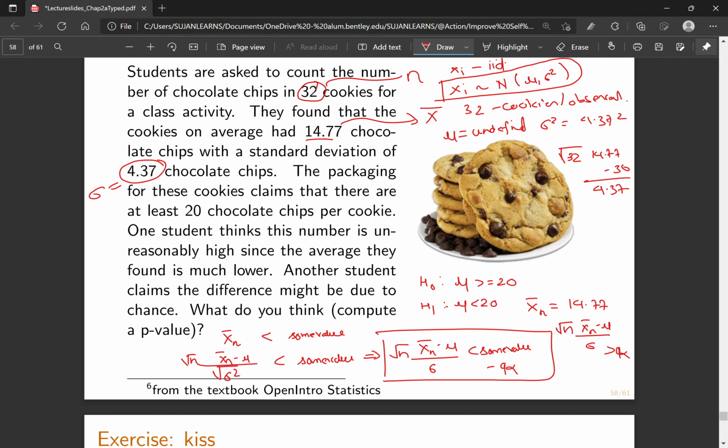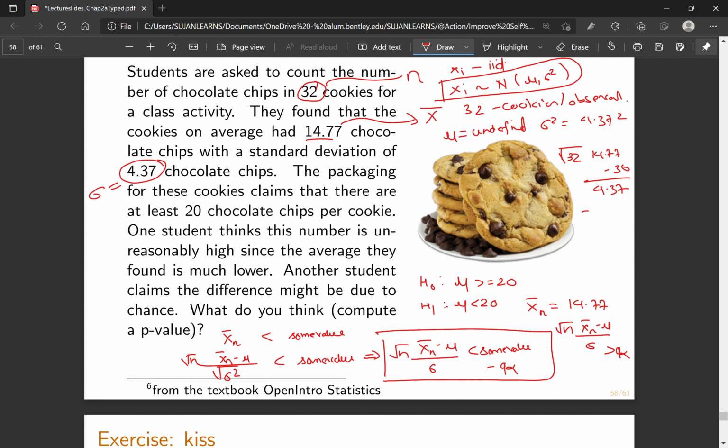Now let's see how it goes. Let's try it again. 30 minus 0.77 divided by 4.37, multiplied by the square root of 30, equal to... this is correct.